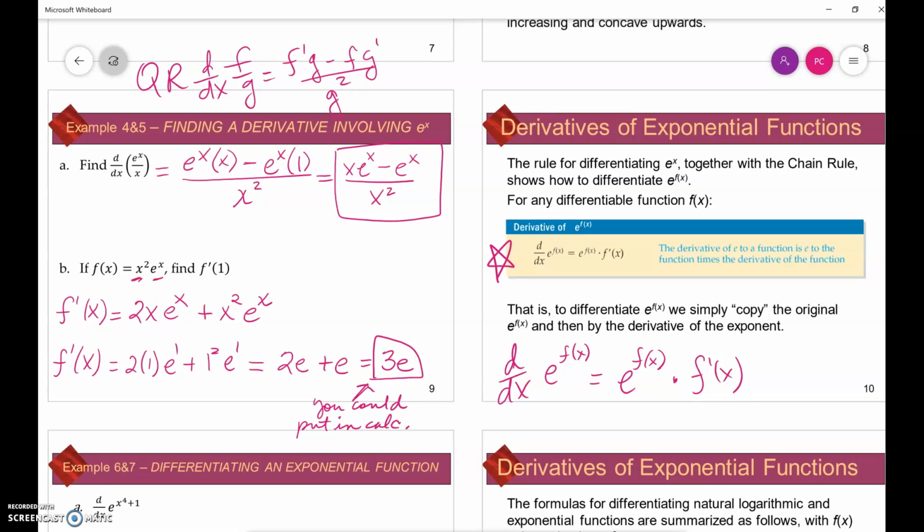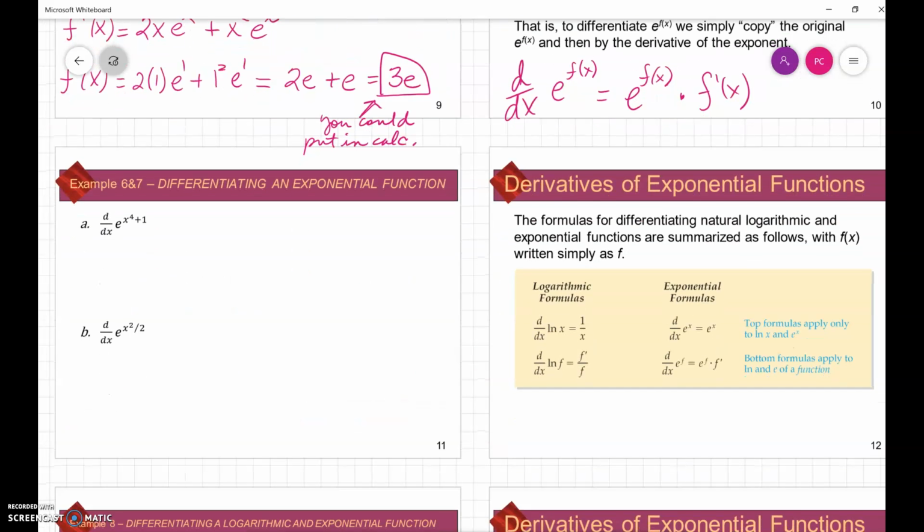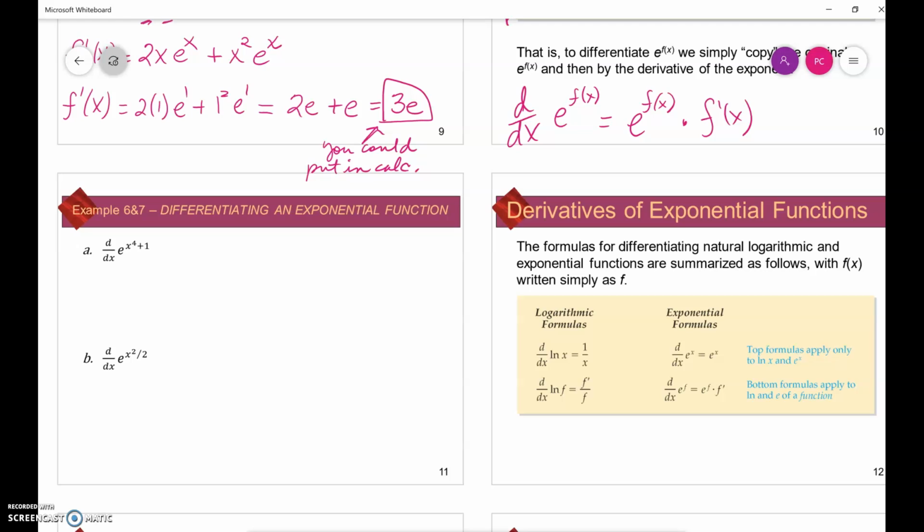All right, so let's try one. In this first example, I've got the derivative of e raised to the x to the fourth plus 1 power. So again, when we take that derivative, the same thing copies over. Then we're going to multiply by the derivative of the exponent, which in this case would be 4x cubed.